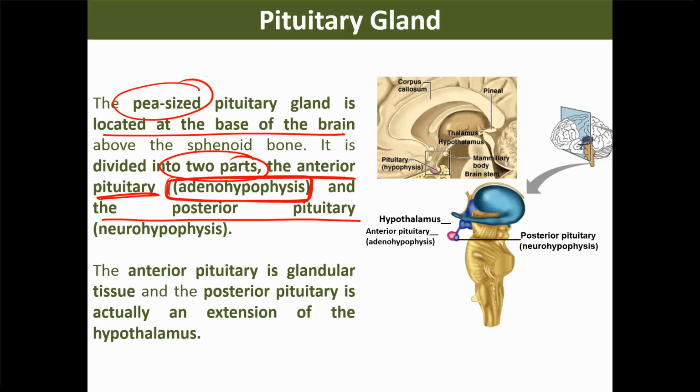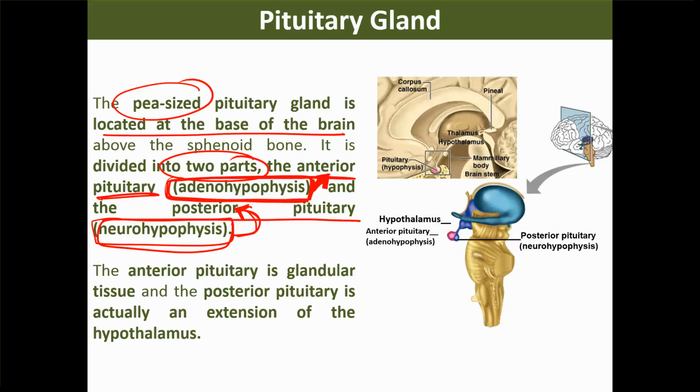The anterior pituitary is called adenohypophysis, and the posterior pituitary is called neurohypophysis.